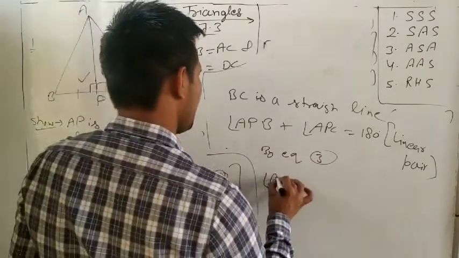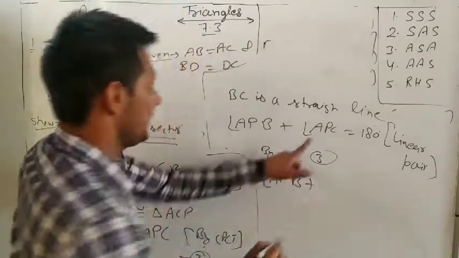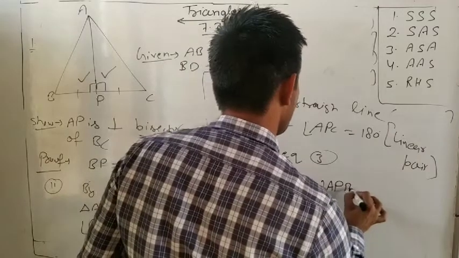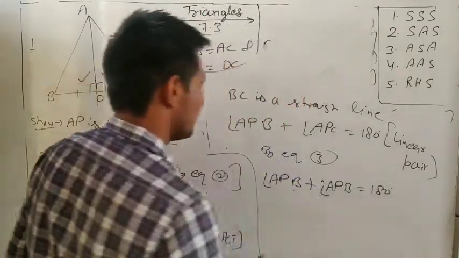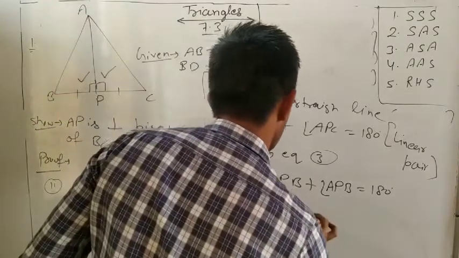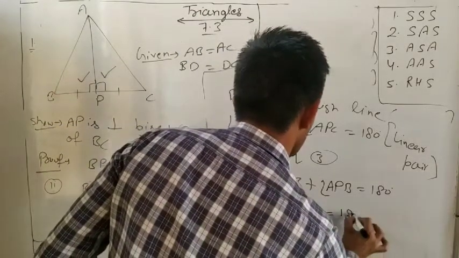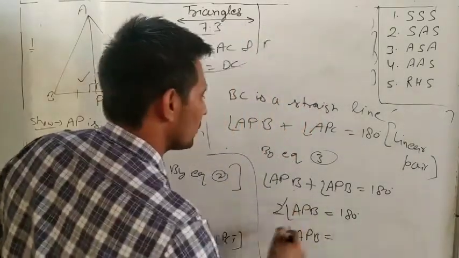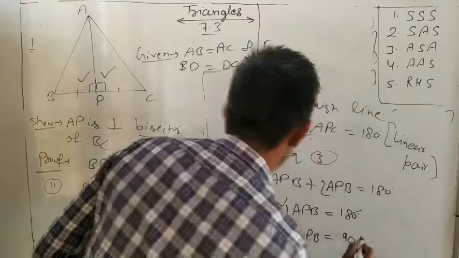APC equal to APB, so APB plus APB equal to 180. 2 APB equal to 180. It means angle APB is 180 divided by 2, 90 degrees.